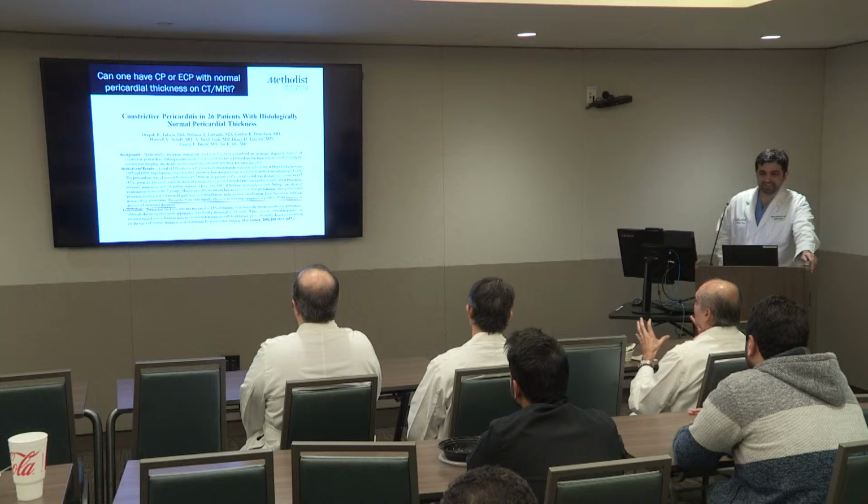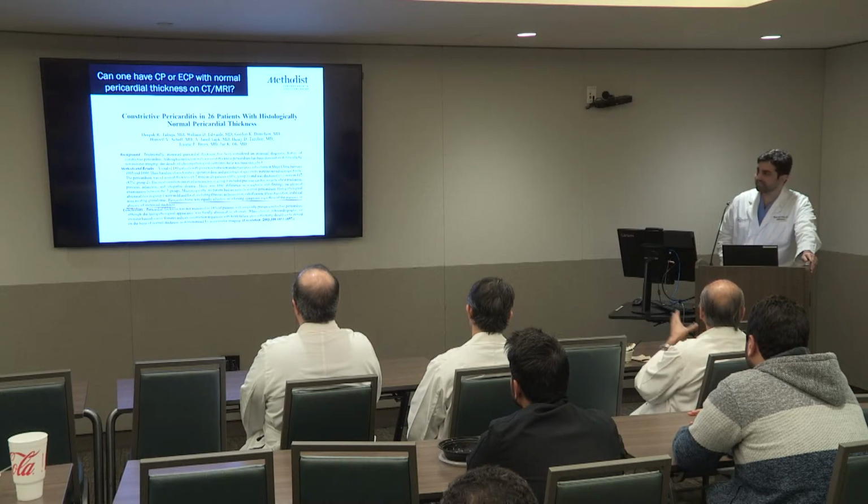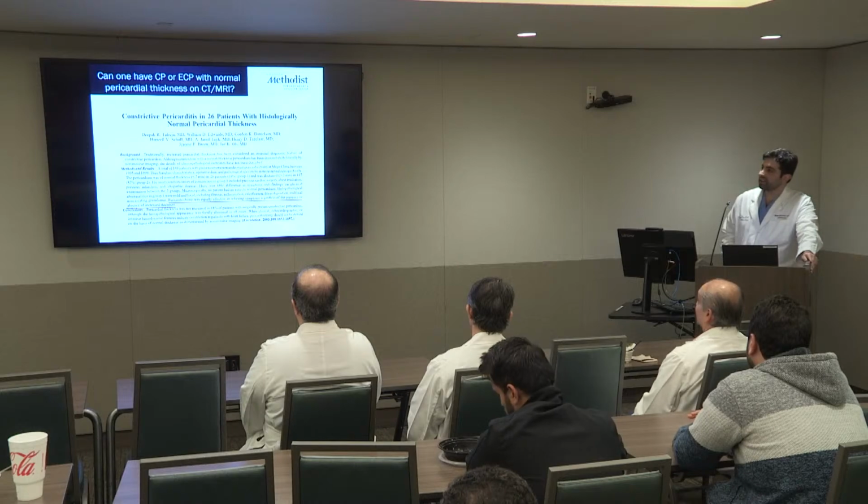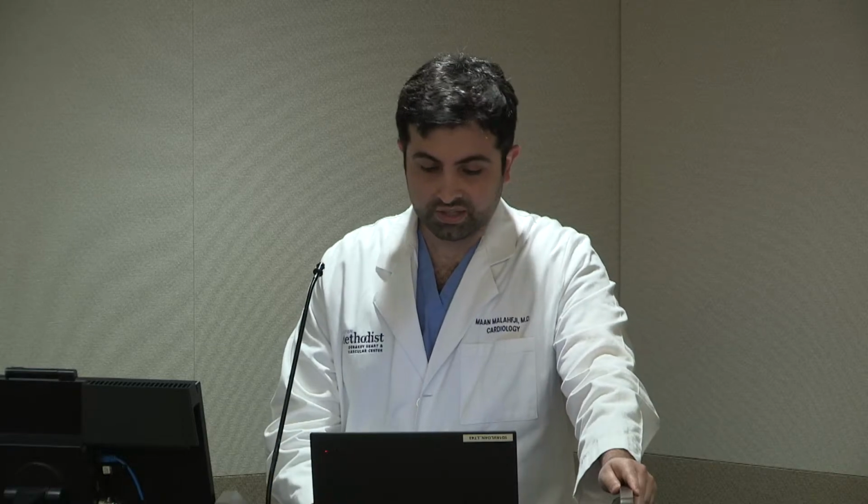Again, I don't know if that necessarily means you could have 2 millimeters or less on imaging and still have constriction. Yeah, and there hasn't really been any similar papers since on the topic other than the 26 patients. I suspect maybe it was sort of an inflammatory visceral pericarditis without major parietal involvement, or there may have been more to the story, but I certainly haven't seen it.